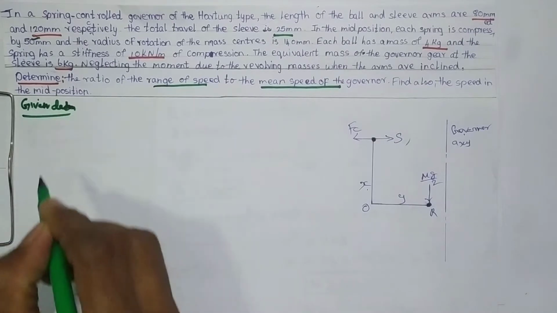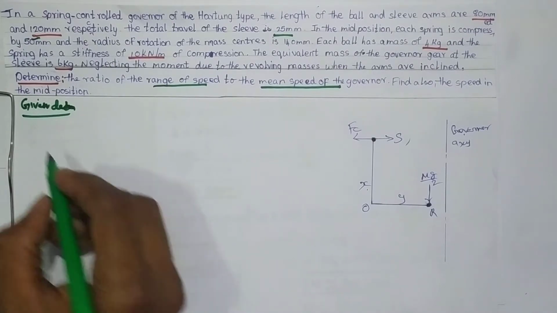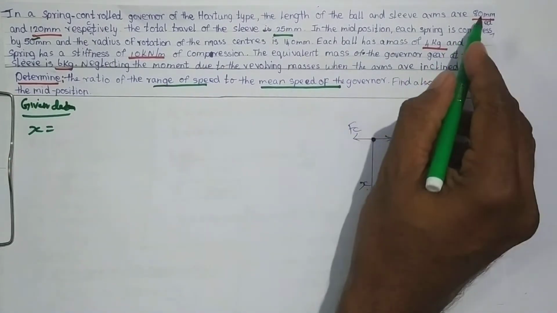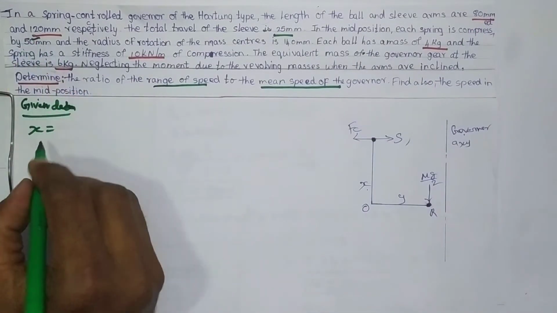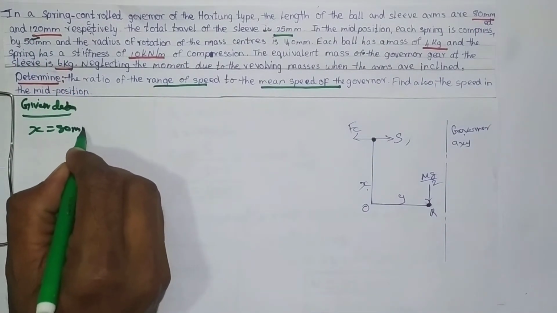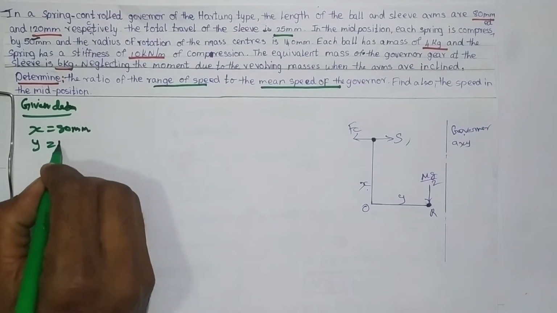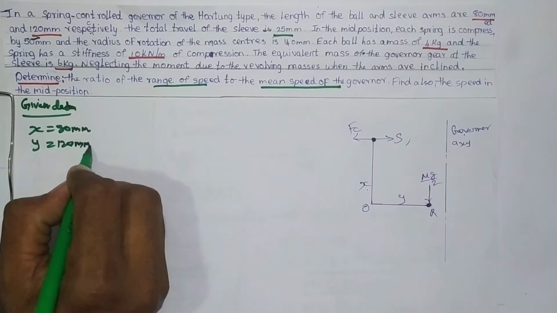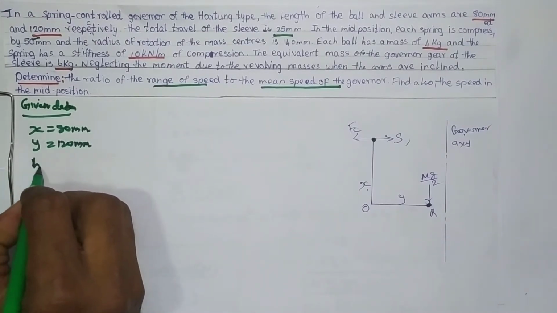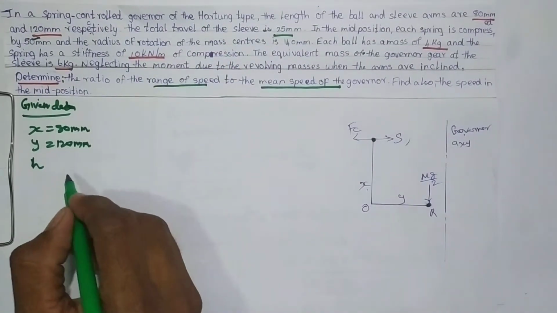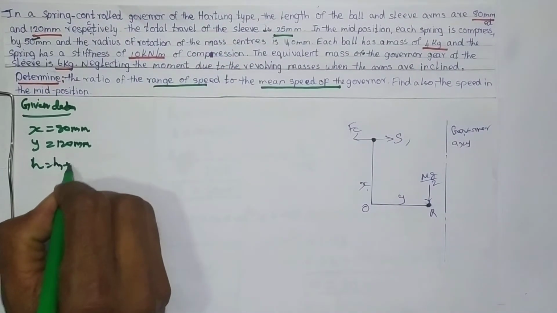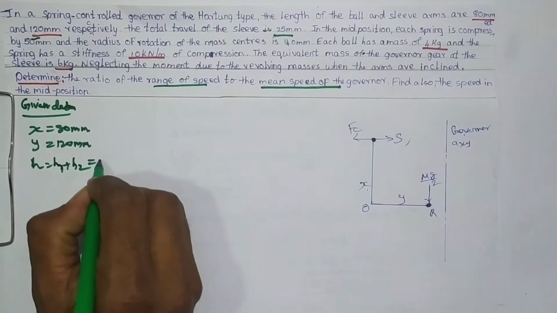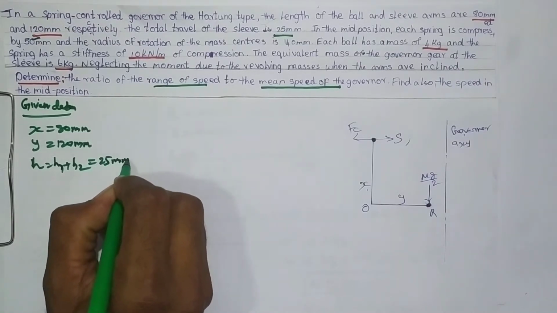Given data is very important for solving the problem. First, what is x? It is 80 mm. Then y is equal to 120 mm. The height of the sleeve travel h is equal to h1 plus h2, that is equal to 25 mm.